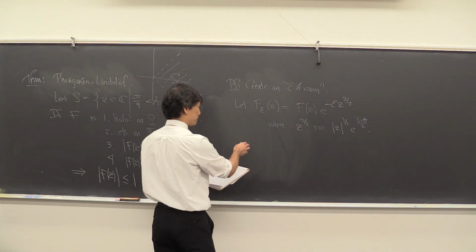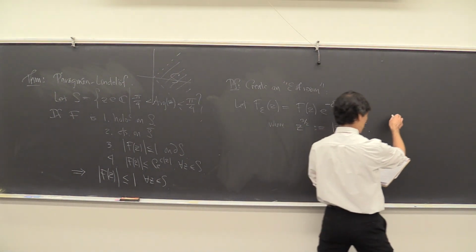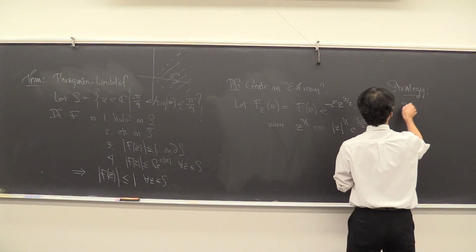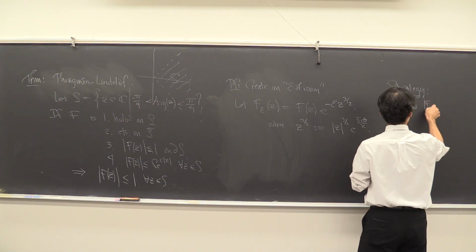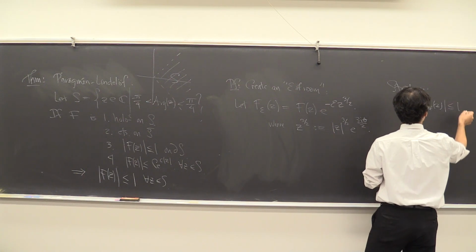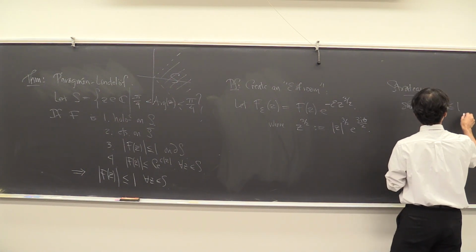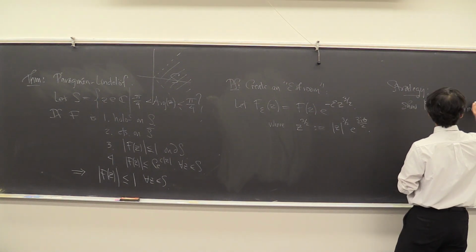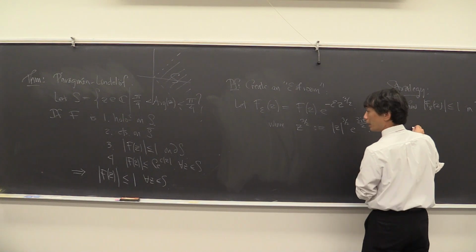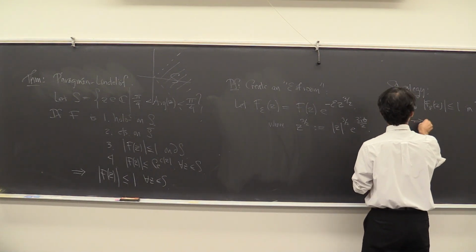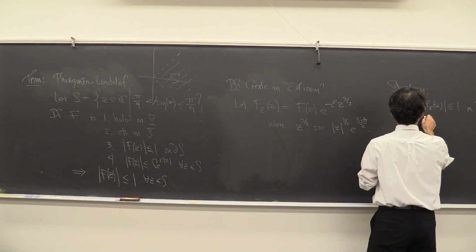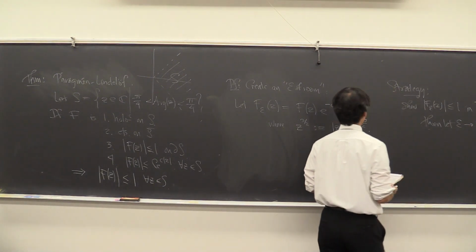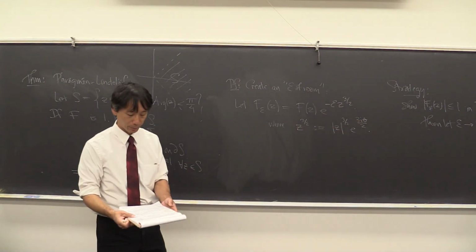So the strategy is to show that each of these functions is bounded by 1 in the closure of S, and then let epsilon go down to 0, and that will give us the result for the original function.